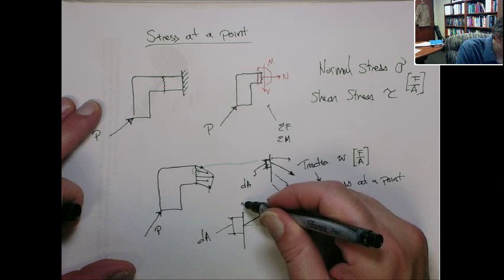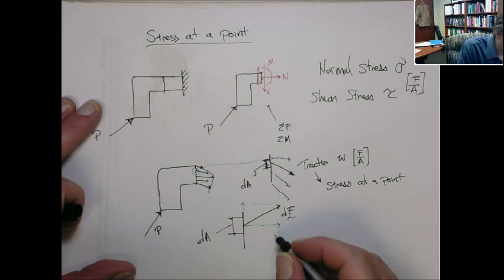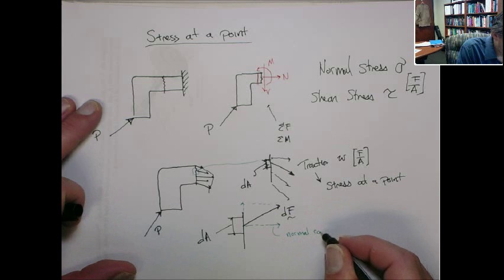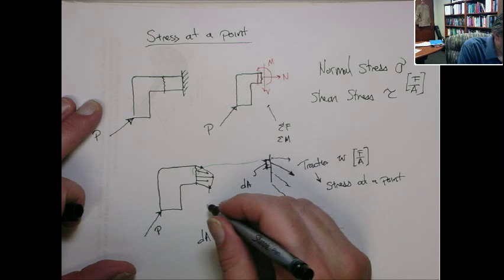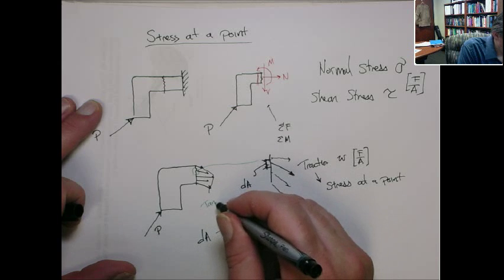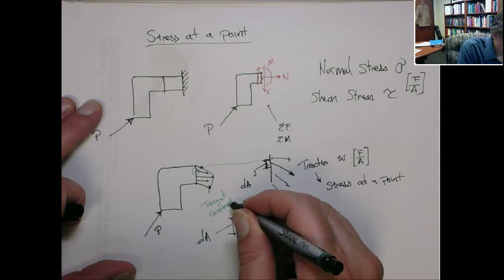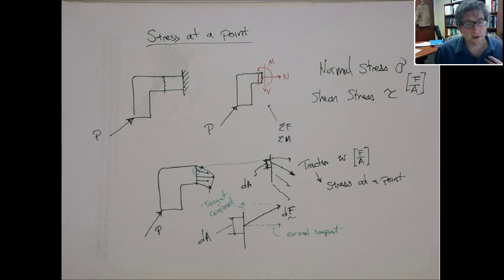For now, we'll just consider 2D stress. So there's a normal component, and an in-plane, or tangent, component. This normal component is the normal stress at a point.